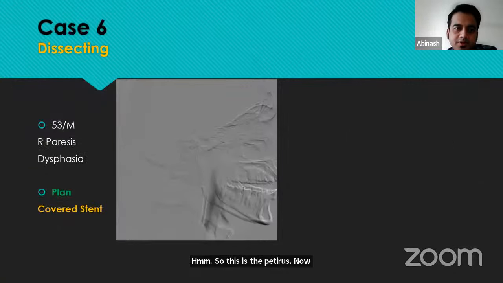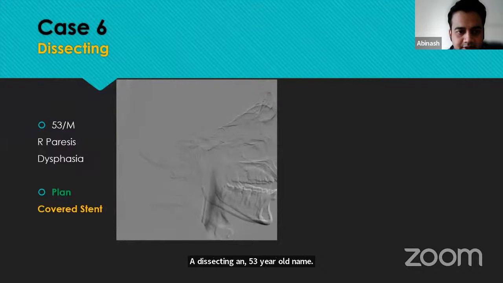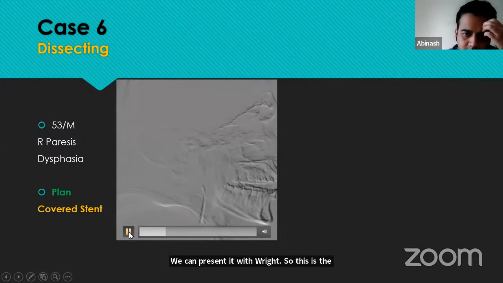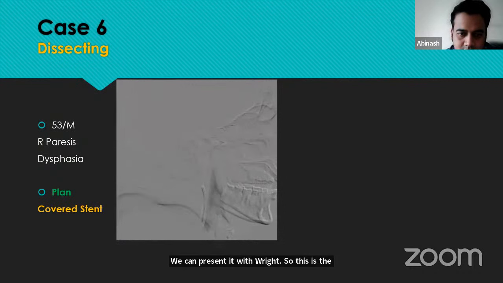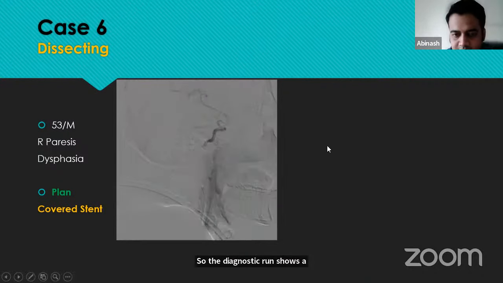Now this case is number 6, a dissecting aneurysm, a 53-year-old male who again presented with right hemiparesis and dysphagia. So this is the DSA run. The diagnostic run shows quite a long segment of dissection.